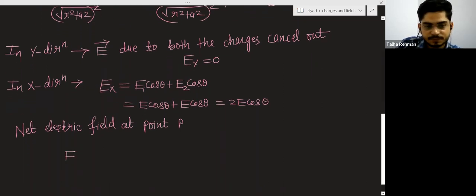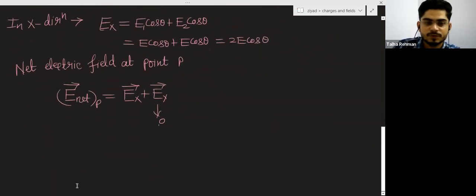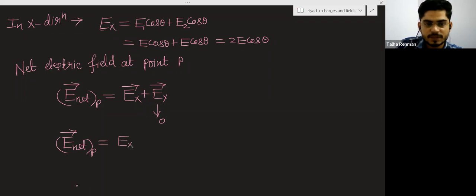The net electric field at point P, vector, is the electric field in X direction plus the electric field in Y direction. And the electric field in Y direction is 0. So the net electric field at point P is only Ex.